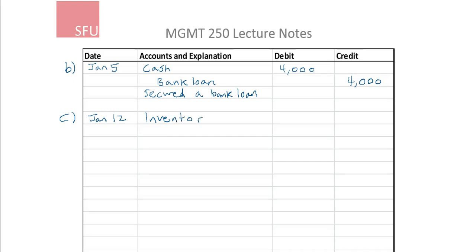This time the asset is inventory, so we'll debit it to make it go up. And as we know, when we buy something on account, we're going to pay for it later. So we have accounts payable.